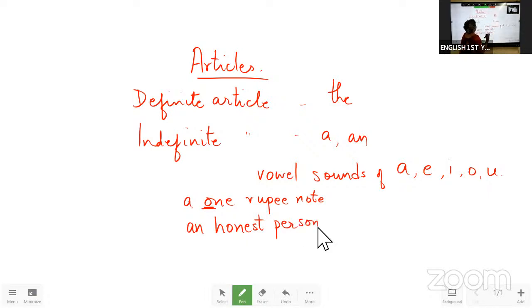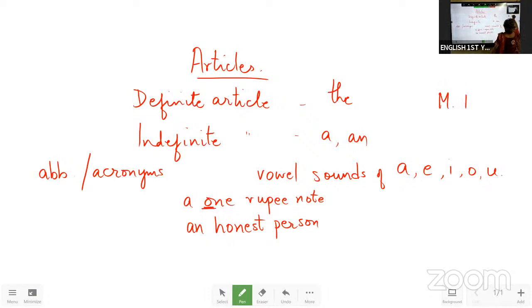Another place where you use a and an is abbreviations and acronyms. Now, what are abbreviations and what are acronyms? Abbreviations are the short forms, like you say MP, and after an abbreviation, you always put a dot.